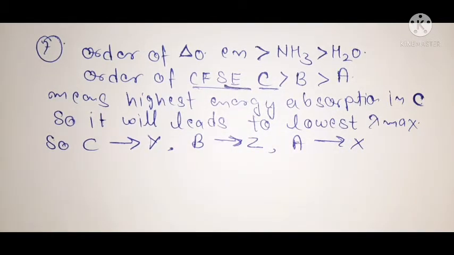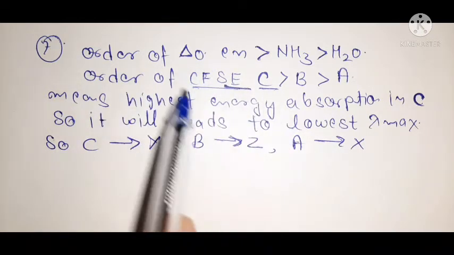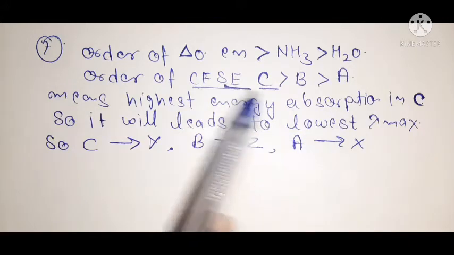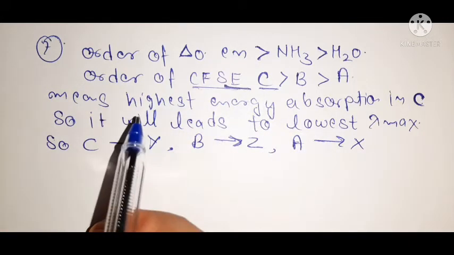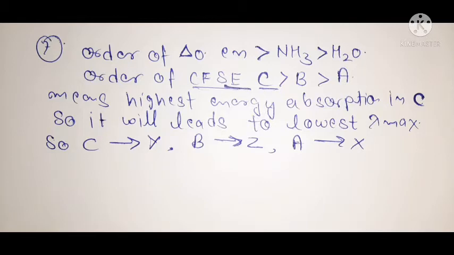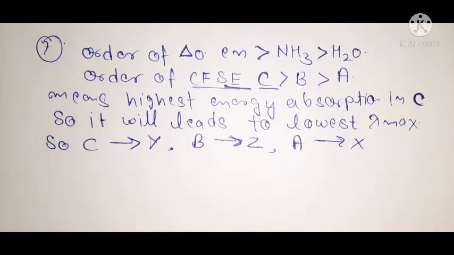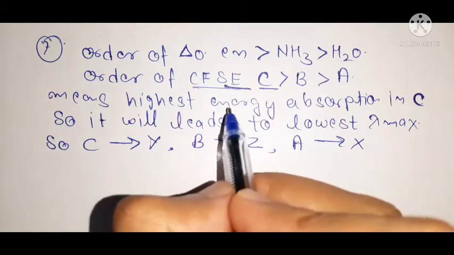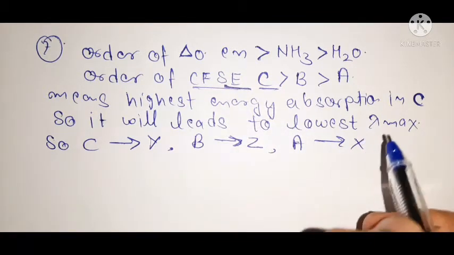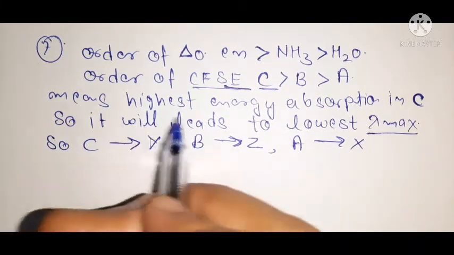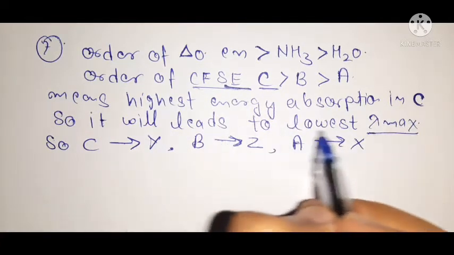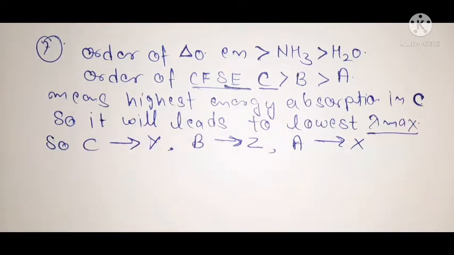Okay, understand friends, how can we relate C to Y? On the basis of the CFSE, we find the energy absorption value, and we can relate the energy absorption value with lambda max. So highest energy absorption leads to lowest lambda max, and lowest energy absorption leads to highest lambda max.